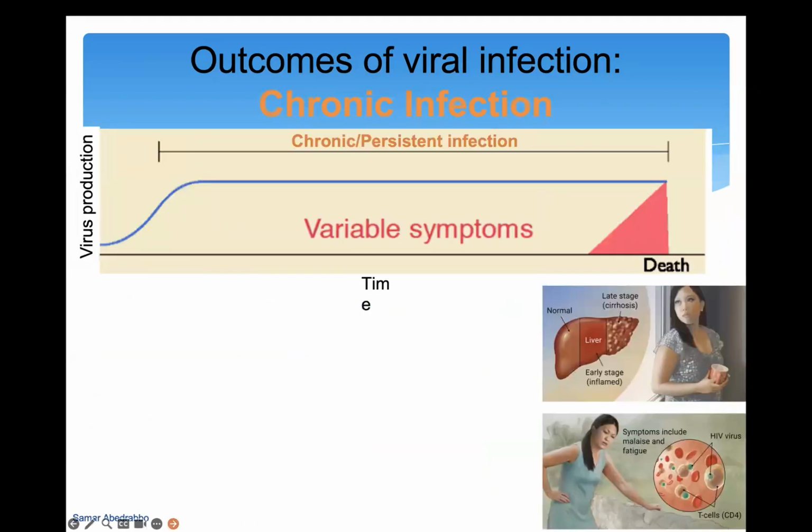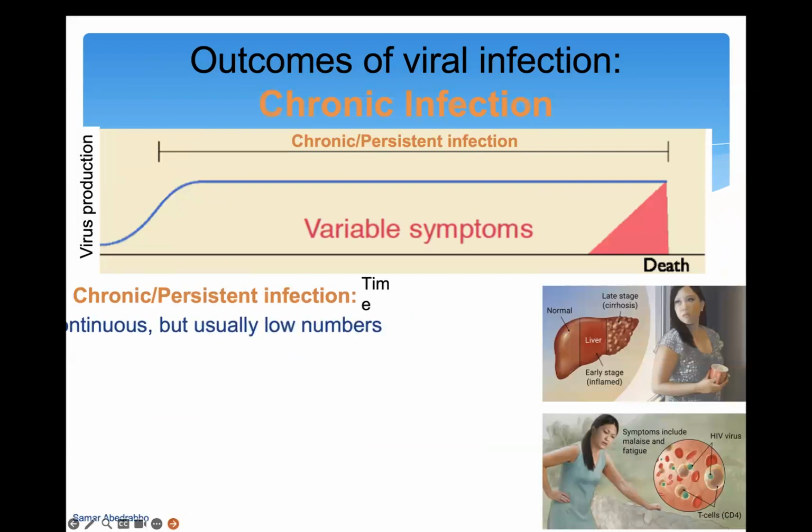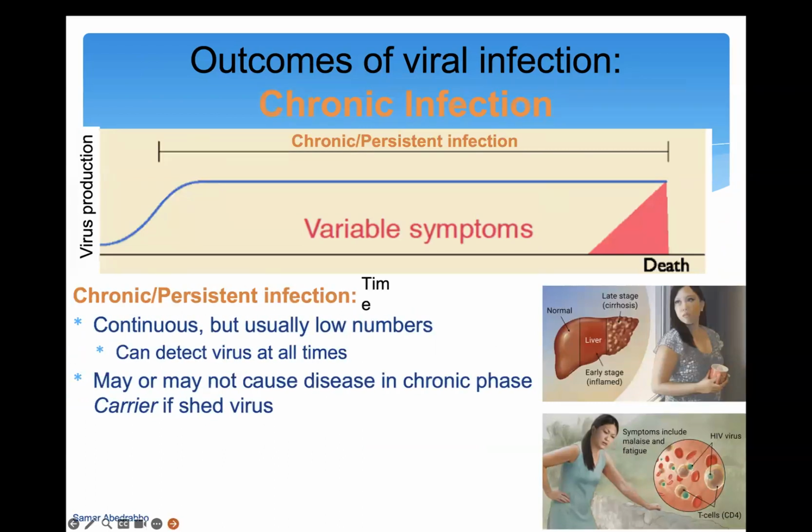Okay, unlike acute infection, there's something called a chronic infection. A chronic infection or a persistent infection is when the virus continually replicates and is present in the body over a long time. In an acute infection, it comes and it goes, it's gone.